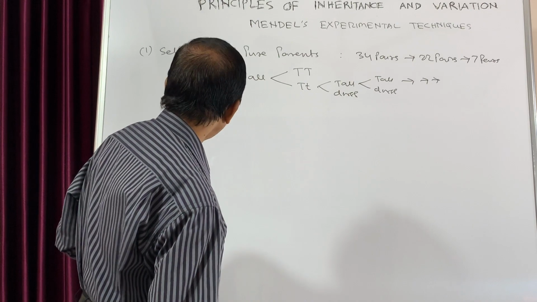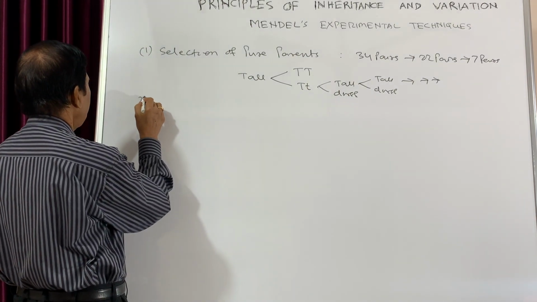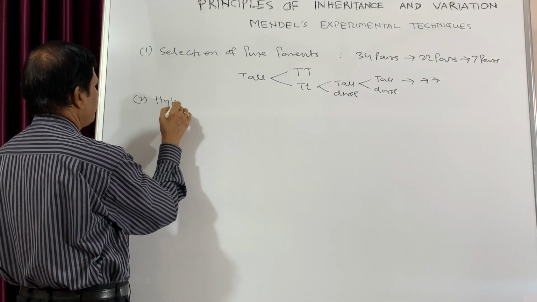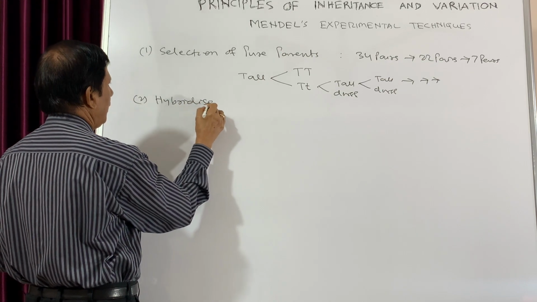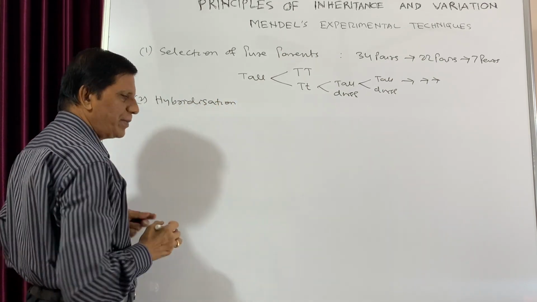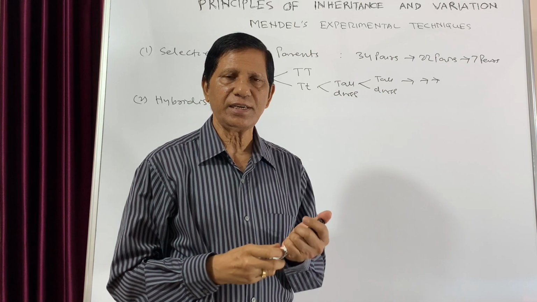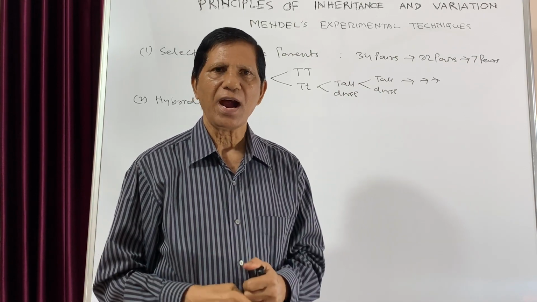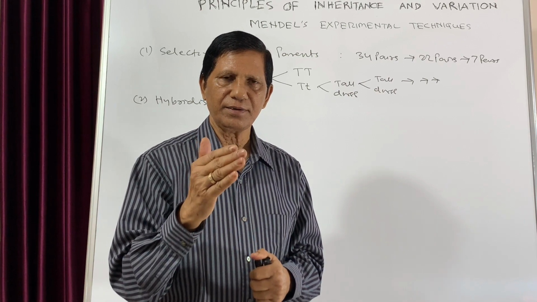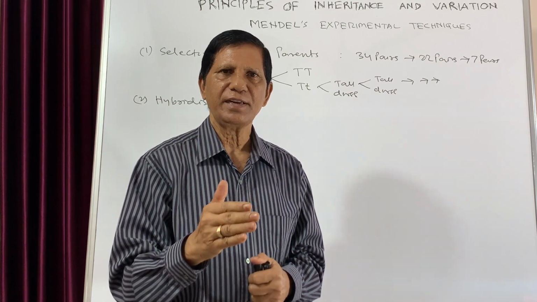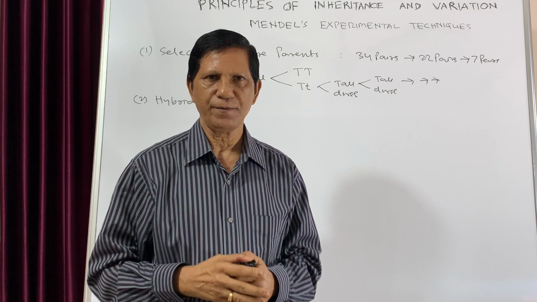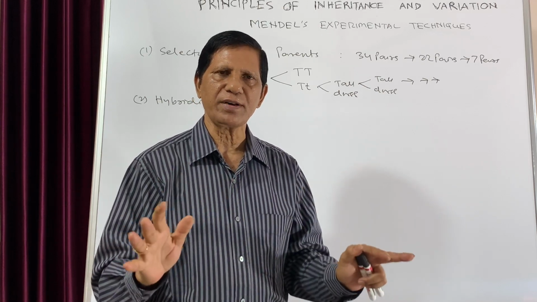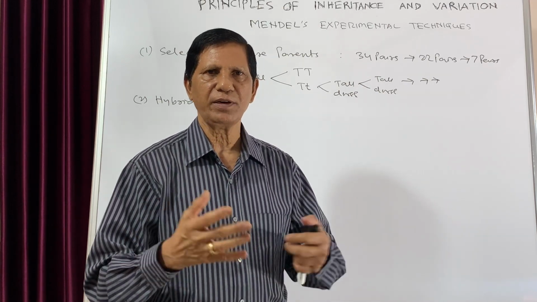Then the second step is hybridization. What is hybridization? Hybridization is artificial crossing between 2 plants. And you know that the pea plant is predominantly self-pollinated. So if we leave the flowers as such, they will be self-pollinated.